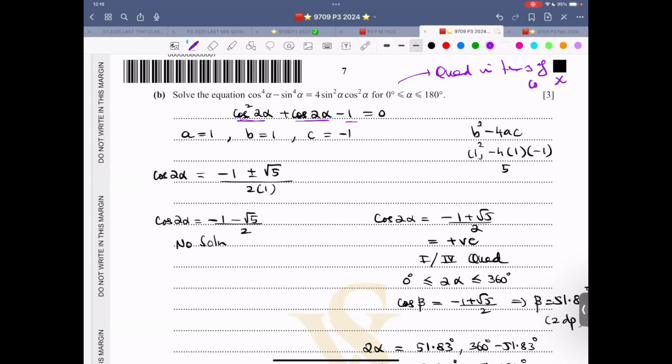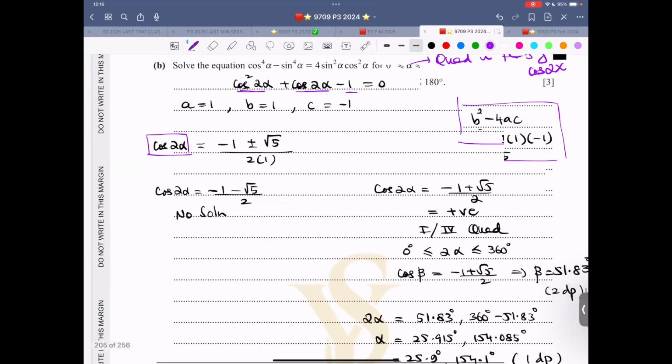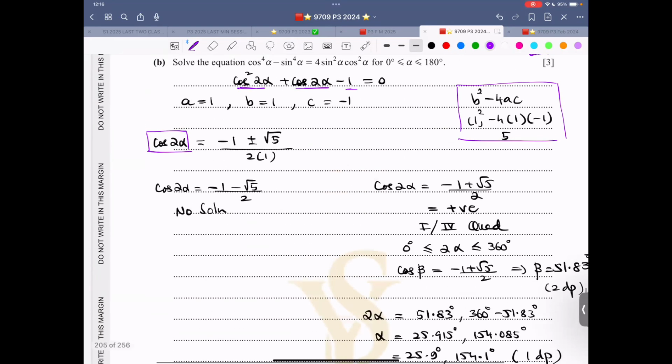In terms of x, it's in terms of cos x. Actually, it is in terms of cos 2x. So for cosine 2 alpha, I have evaluated b square minus 4ac separately. And then I have minus b plus minus root of b square minus 4ac divided by 2a.